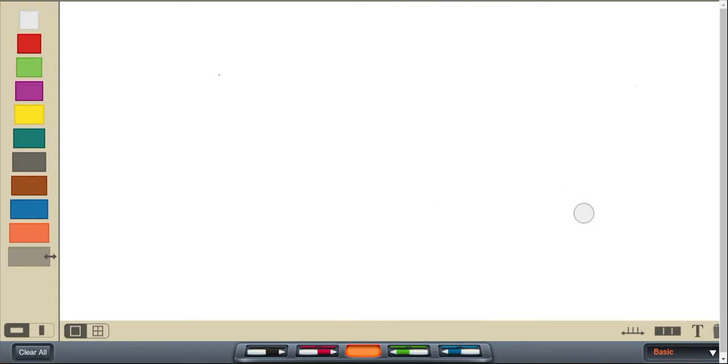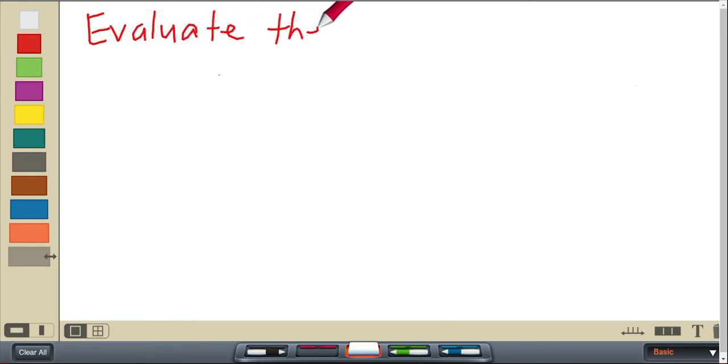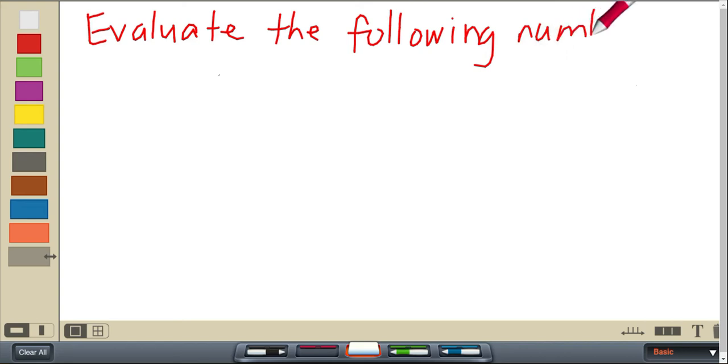So let's see if you can evaluate all of these. Evaluate the following numbers. You need to evaluate first before we can identify these numbers.